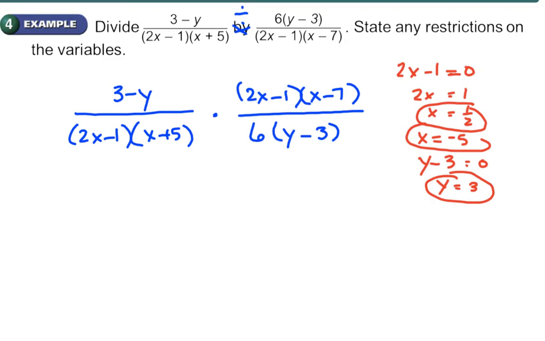But before I do anything, this is a denominator as well, isn't it? Can this ever equal 0? No. So we need to address this one as well. 2x minus 1, we already have that one, x minus 7. So x minus 7 equals 0 would be x is 7.